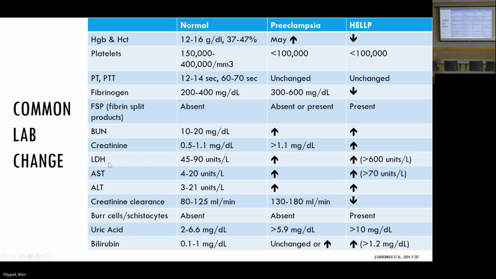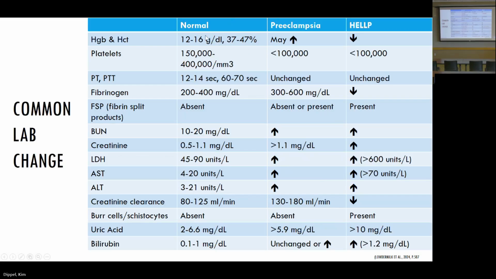We don't always order an LDH, but in HELLP syndrome, it is a breakdown of red blood cells, and you may see that it is elevated. And you'll also see burr cells in HELLP syndrome, because that's a byproduct of the breakdown of red blood cells, and that will be present.